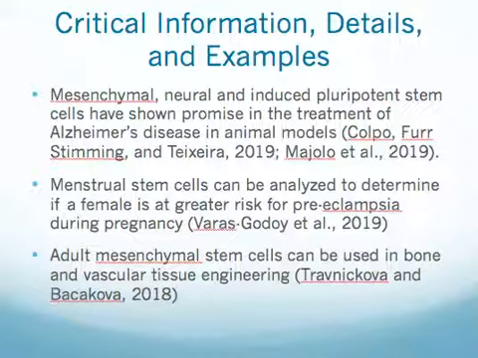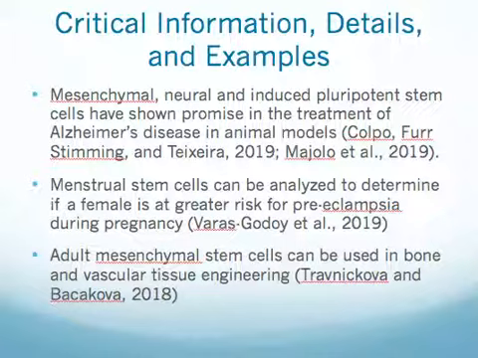The second study was Varus Godi et al. They found that menstrual stem cells, or mesenchymal stem cells from menstrual material, can be analyzed to determine if a female is at greater risk for preeclampsia during pregnancy. Basically, they found that in patients with preeclampsia, the compounds being produced by the stem cells are different if you have preeclampsia or if you don't.